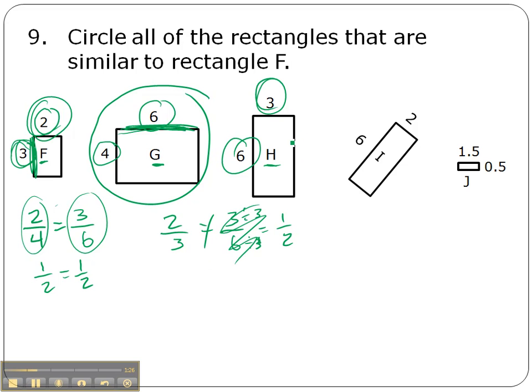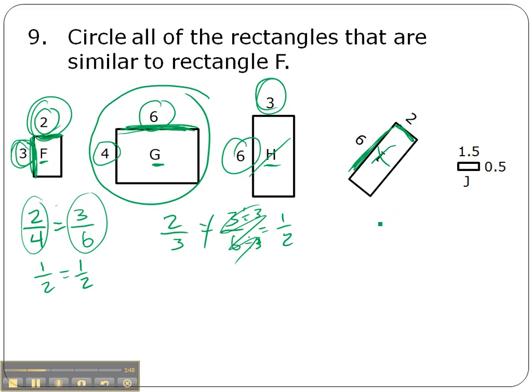So H is not similar. We can see that I is not similar because look, the width didn't change at all, but the length, or the height, changed by a factor of 2. That can't be similar.